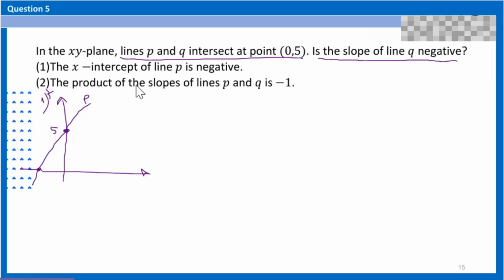The slope of line P is well established from this statement. Unfortunately, you know nothing about line Q, but only the fact that this line crosses through the point indicated there.